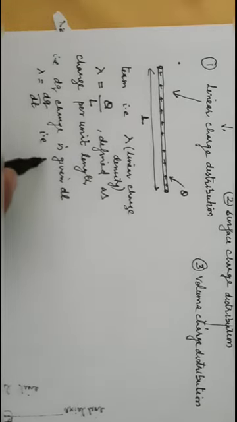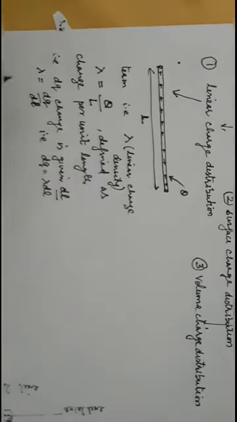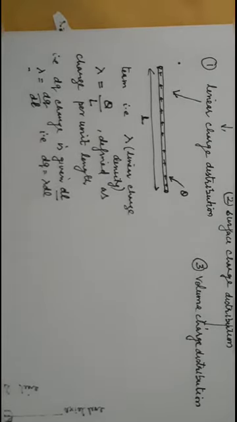That is, dq is equal to lambda into dl. So dq is equal to the linear charge density times the length.